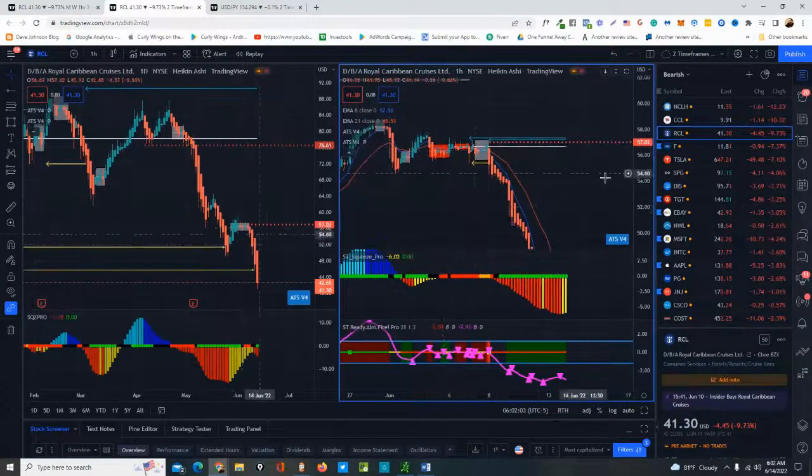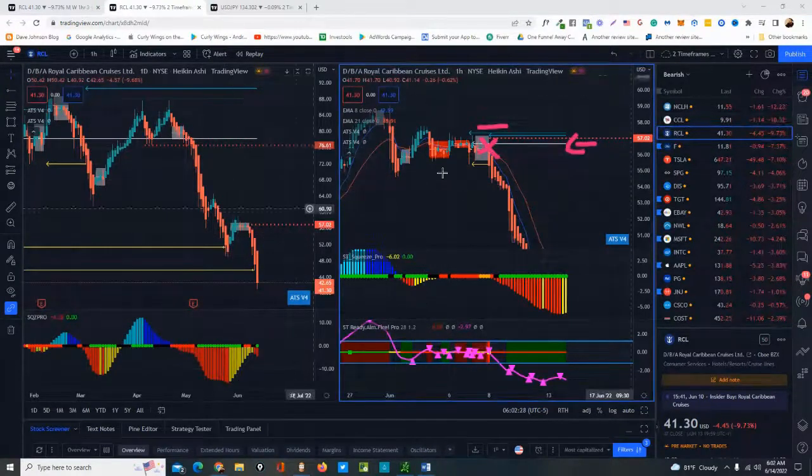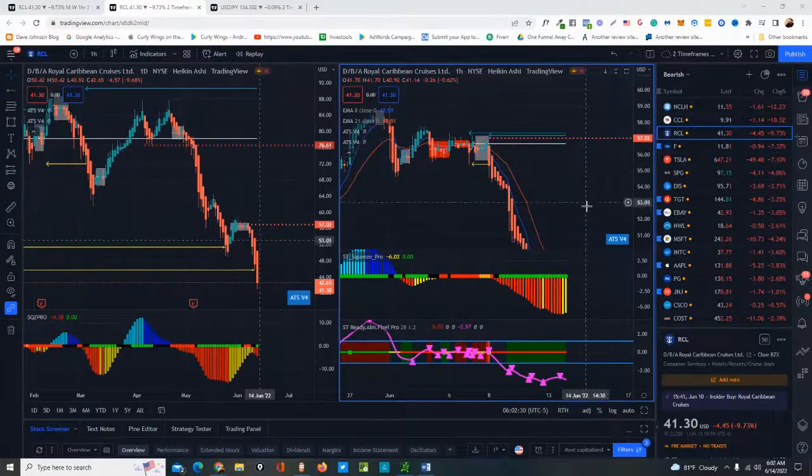So anyway, it started to consolidate on the 4 hour. And then this white line right here is called a value line. I teach my students about that line, and I like to use it for an entry technique in addition to my squeeze and my Ready Aim Fire Pro. I jumped in right here under value with a stop loss up here, so a very tight risk. I got on this on 6-7 because of my setup, because of my bias.